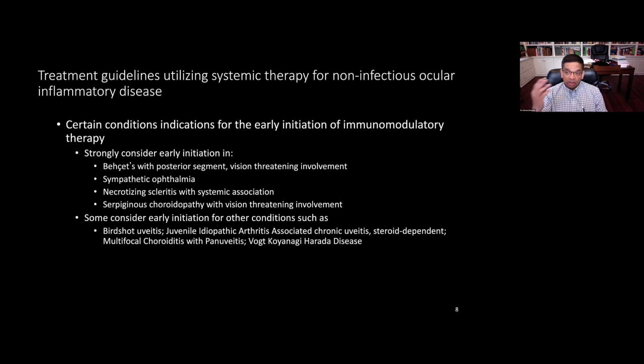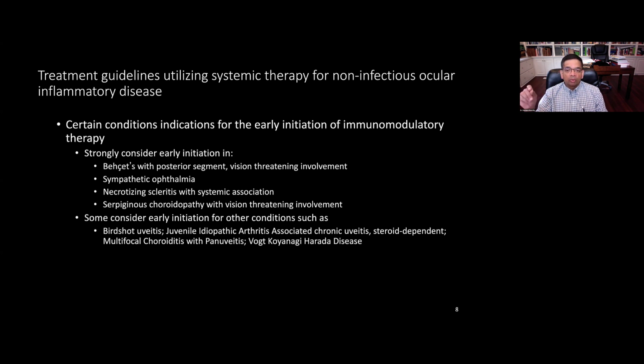So Behçet's is one of those conditions where we consider immunosuppression and immunomodulatory therapy starting early in the course. Sympathetic ophthalmia, necrotizing scleritis with systemic vasculitis, and serpiginous choroiditis or choroidopathy, where there is sight-threatening involvement.